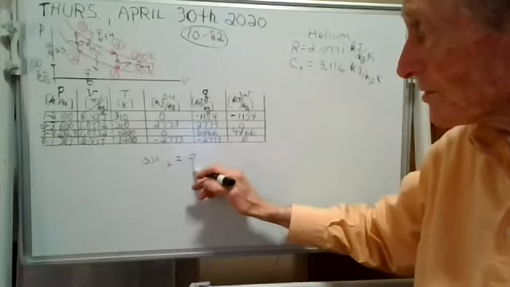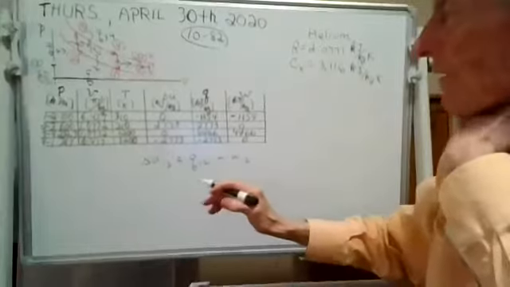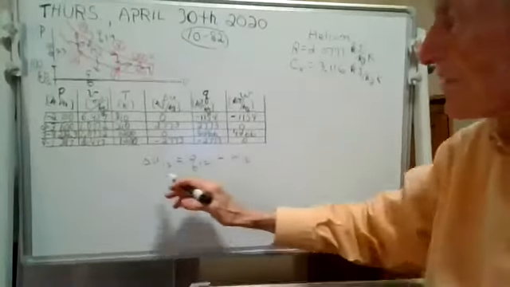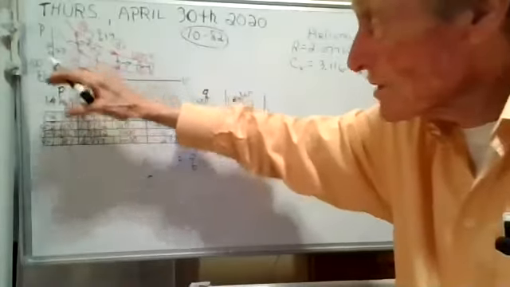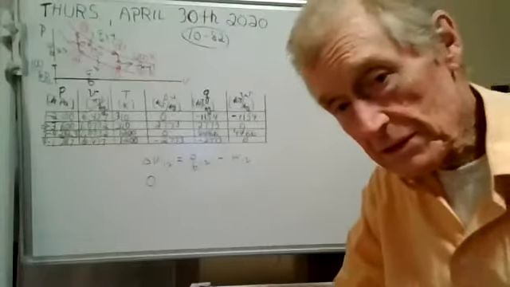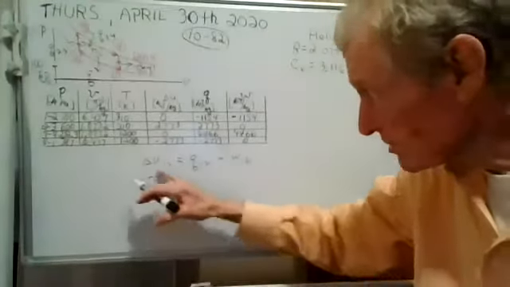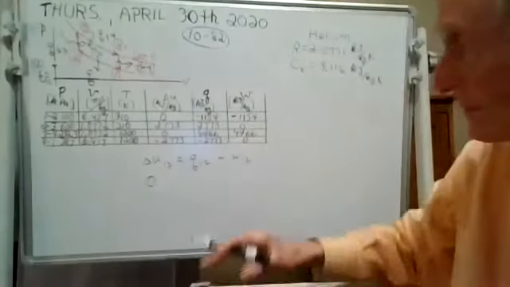But now what you're asking about is delta U from 1 to 2, which is q from 1 to 2 minus little w from 1 to 2. Delta U should be 0 because from 1 to 2, that's an isotherm. The internal energy doesn't change any. You can read what I did there okay?